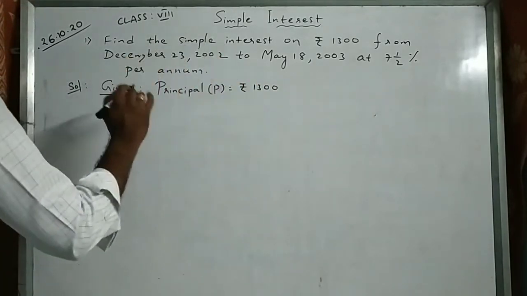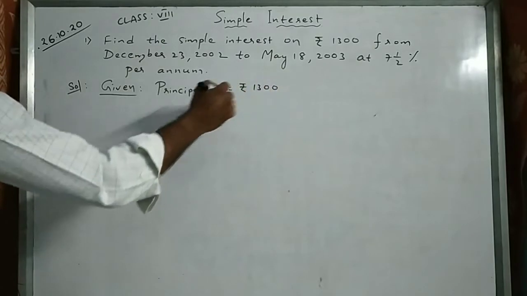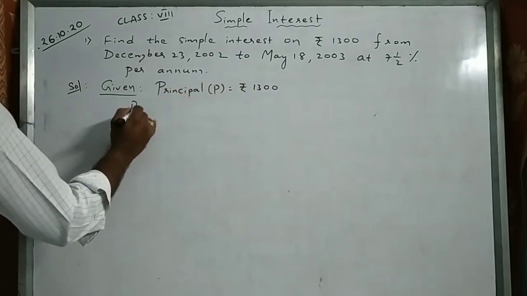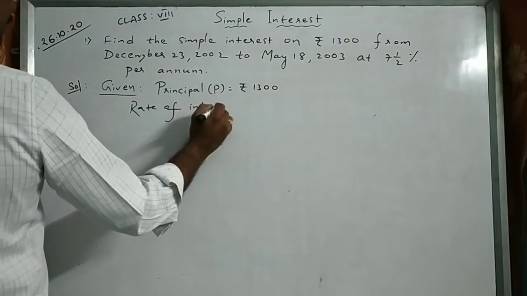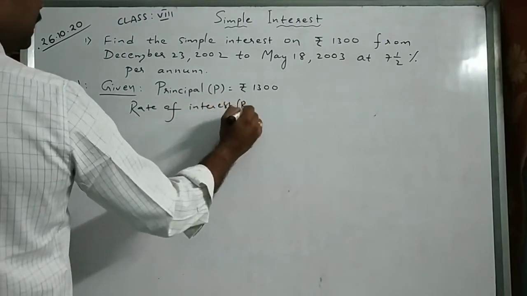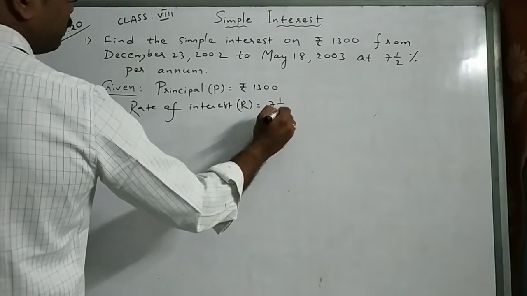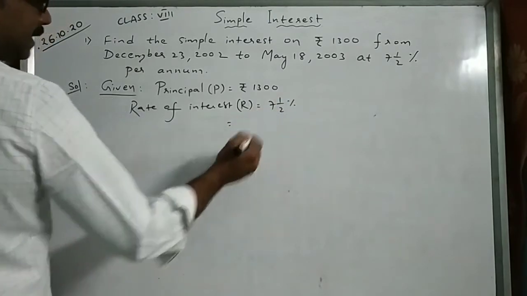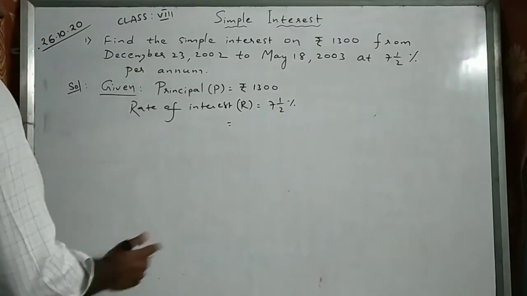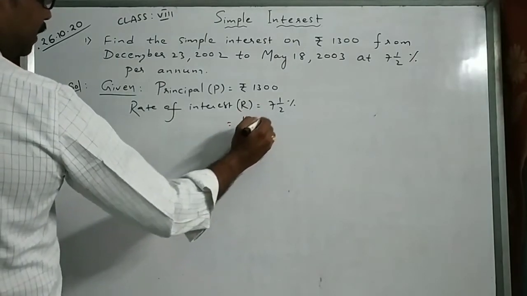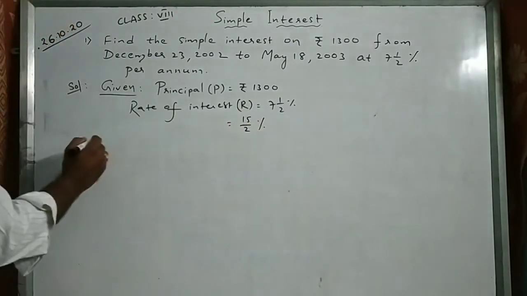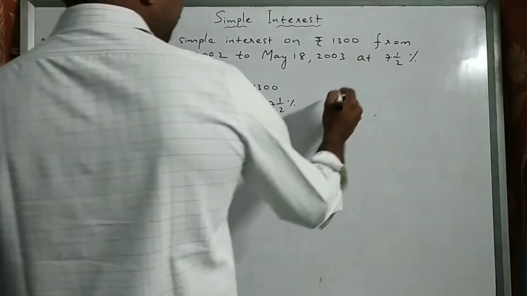Time is given here. I will let you know how to calculate. Rate of interest also is given. Rate of interest, how do we denote that? R. That is 7.5%, means it is a mixed fraction. Change it into improper fraction. 2 7s are 14 plus 1, 15 by 2%.